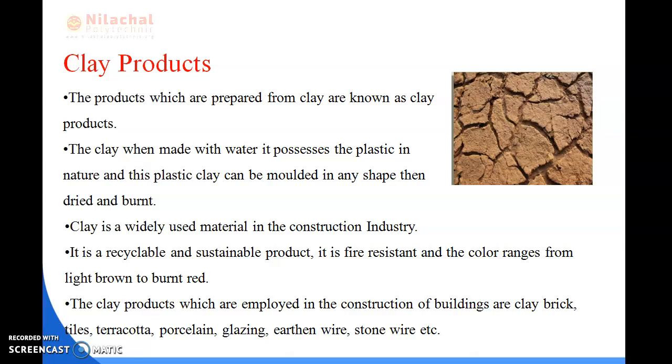The clay products employed in building construction are clay brick, tiles, terracotta, porcelain, glazing and earthenware. Okay, so we'll be reading about these one by one.